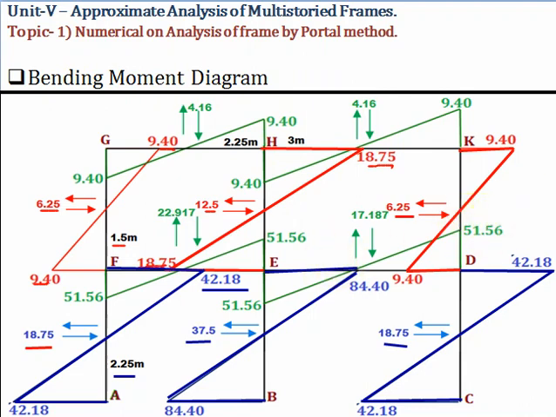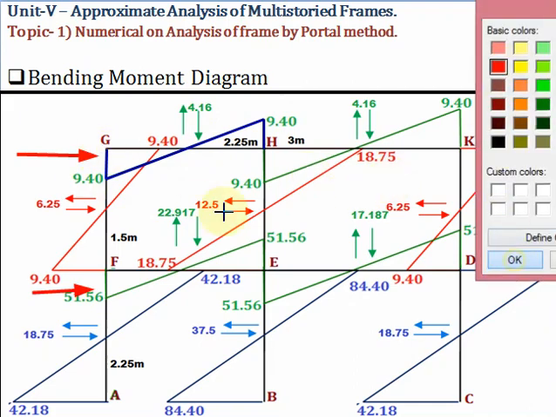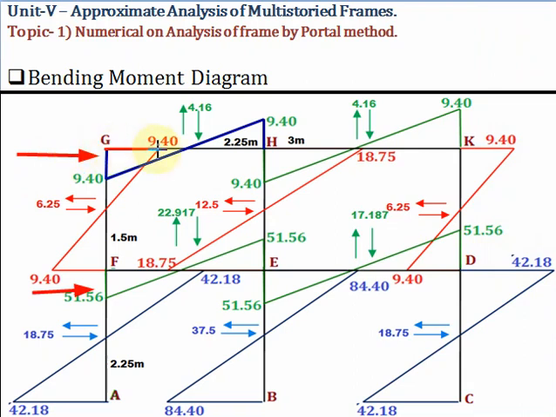Okay. Now here one thing you have to remember: when there is a lateral force like this, the nature of bending moment diagram will be in this way. Okay. So for beam it will be like this. This will be the nature, and for column it will be like this.